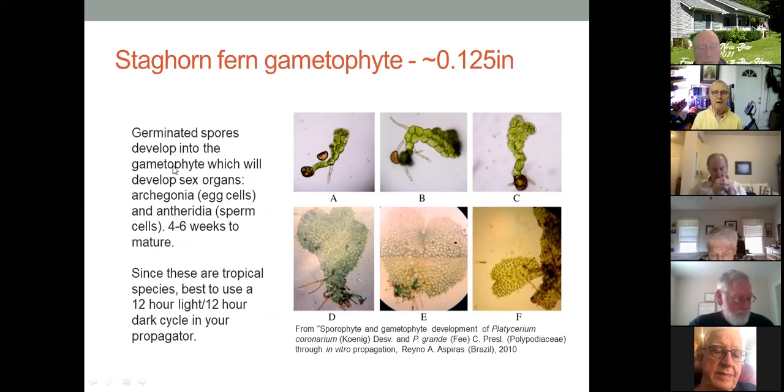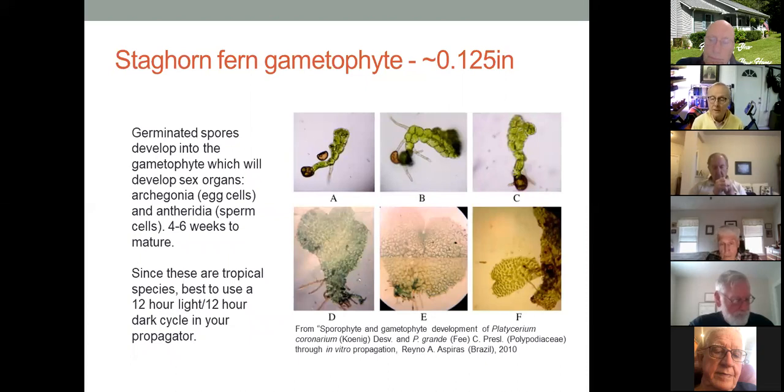So the series shows you that the germinated spores develop into the gametophyte, which then begins to develop the sex organs containing the egg cells and the sperm cells of the mature plant.